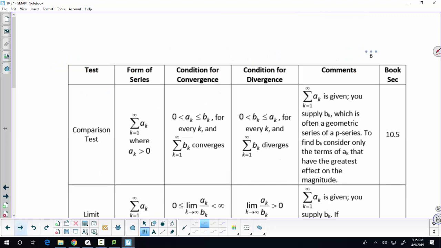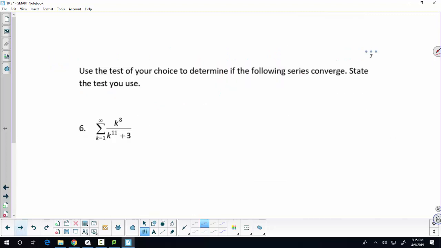Okay. So how about the last series here, k to the 8th over k to the 11th plus 3? Just start with the divergence test. What would the divergence test tell us?